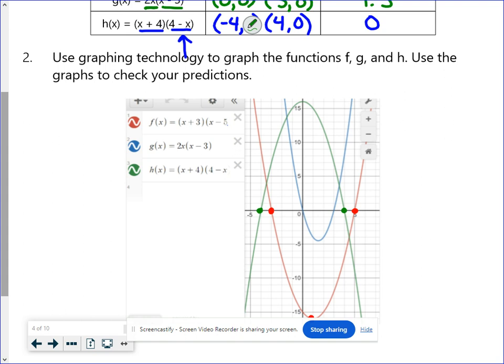And my vertex, the x part of it is at 0. Not the y part, right? We didn't do any work to try to find what the y value was for any of the vertexes, but we can find the x part of the vertex for all of these just by finding the average of the x-intercepts.